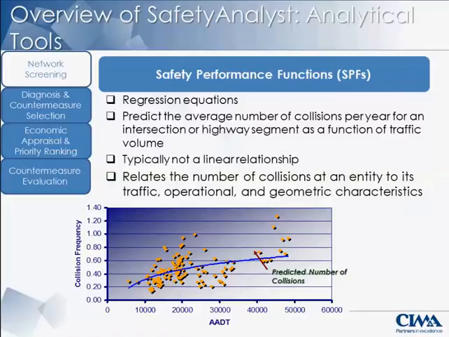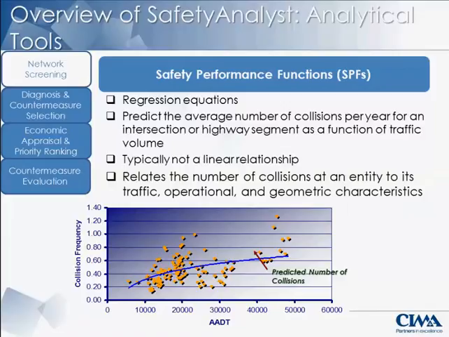To do this, we need something like a safety performance function, and this safety performance function is basically a regression model. This regression model is for all of your signalized intersections. You go and collect your traffic volume data, your geometry, how many legs they have, and then historical crashes.